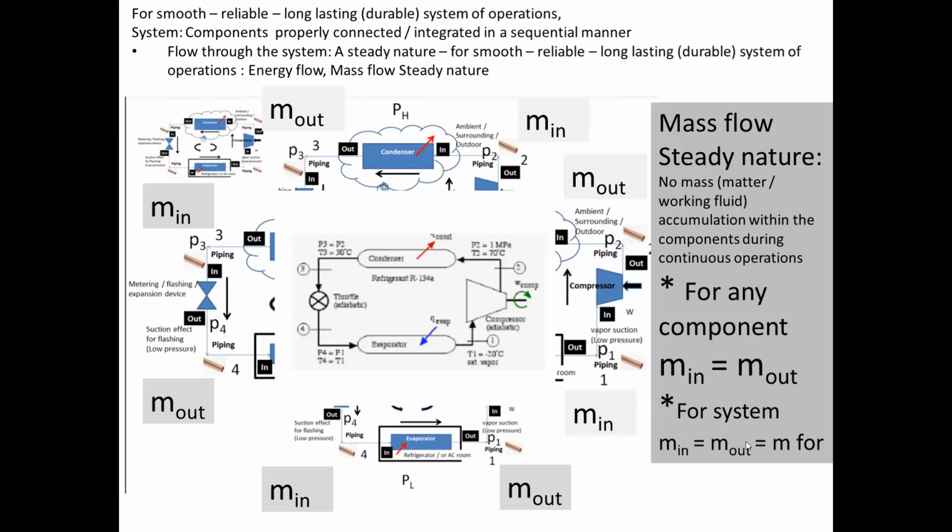That's why for system, meaning connected components, integration of components, whatever the component levels, M in equals M out for any component here. So M in equals M out equals M. Okay. I think you can understand this.